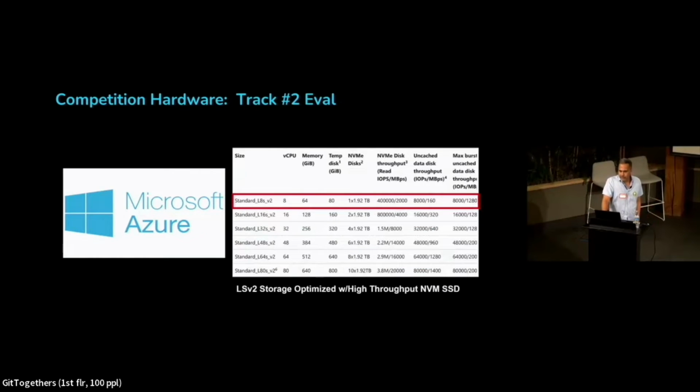For track 2, we used this machine from Microsoft's storage optimized series of machines, fewer cores, but a healthy amount of solid state disk, so 2 terabytes of NVMe disk.